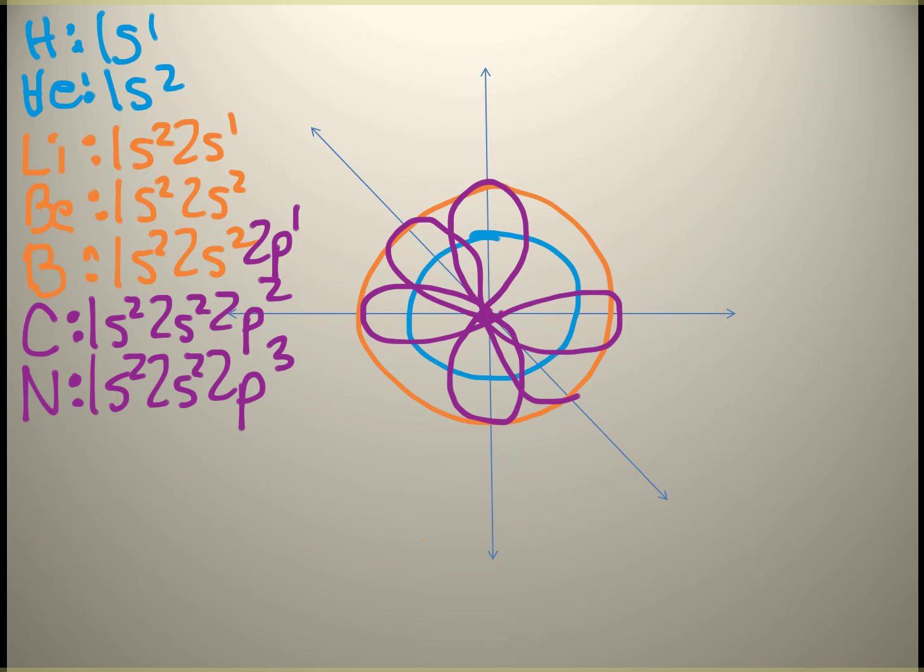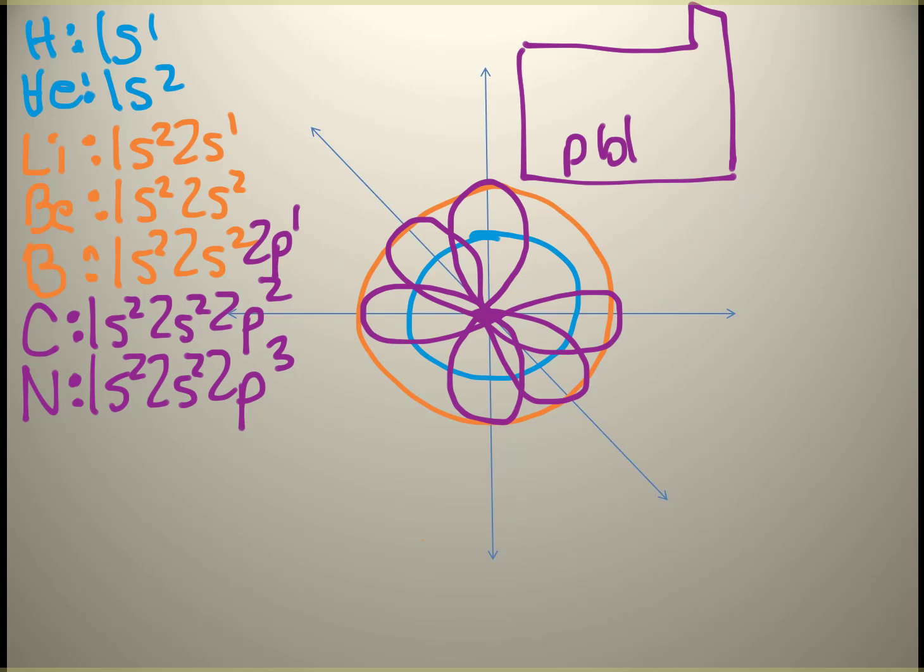It's going to put it in a third p orbital. So on the periodic table, on the p block, we can count 1, 2, 3, 4, 5, 6. So what happens is they put their electrons in each orbital, and then we're going to go back and make them share.